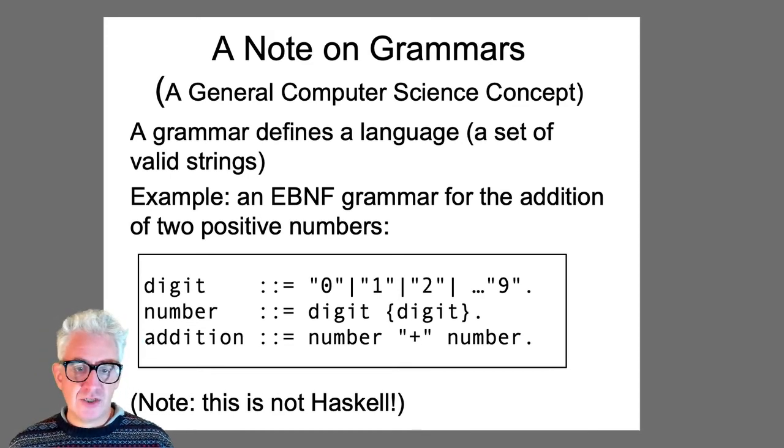So intuitively, it does look a bit like Haskell because we use these alternative bars to represent one of several things, and you can use recursion, but this one has not used recursion; it's used iteration. So we could have said a number is a digit or a digit followed by a number. We could have given a recursive specification, but here we've used iteration, 0 or more, as the specification for numbers.